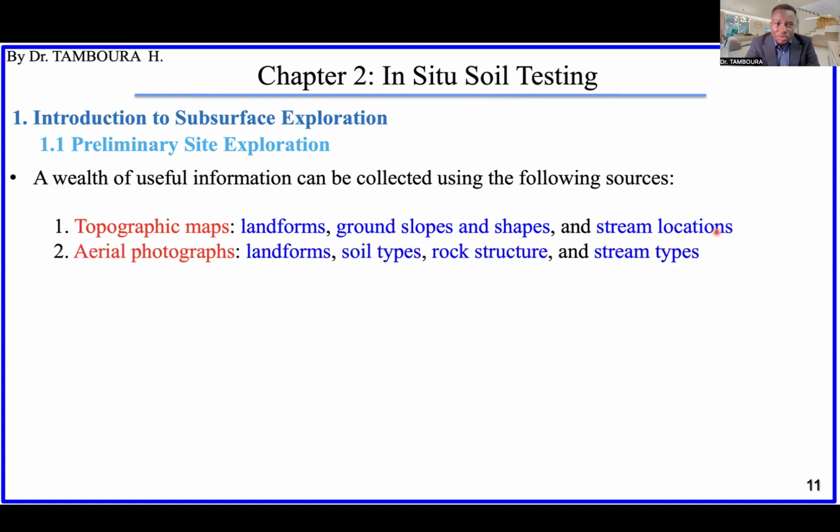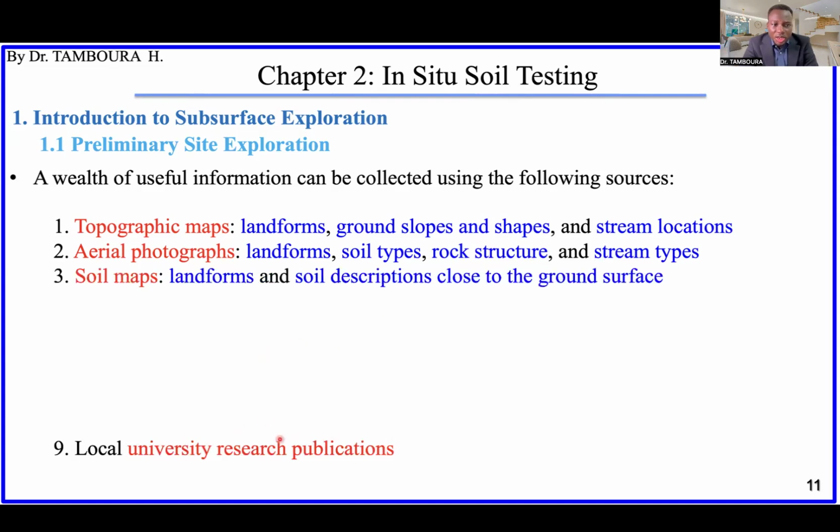And you can also get aerial photographs that can give you this kind of information: landform, soil types, rock structure and stream types. Sorry, I made a mistake with this one. And soil maps are different from topographic maps.